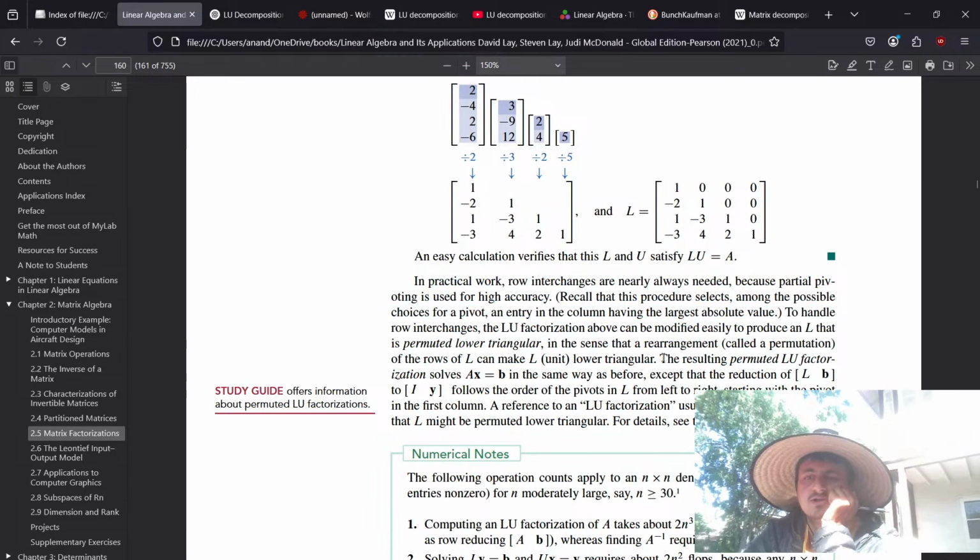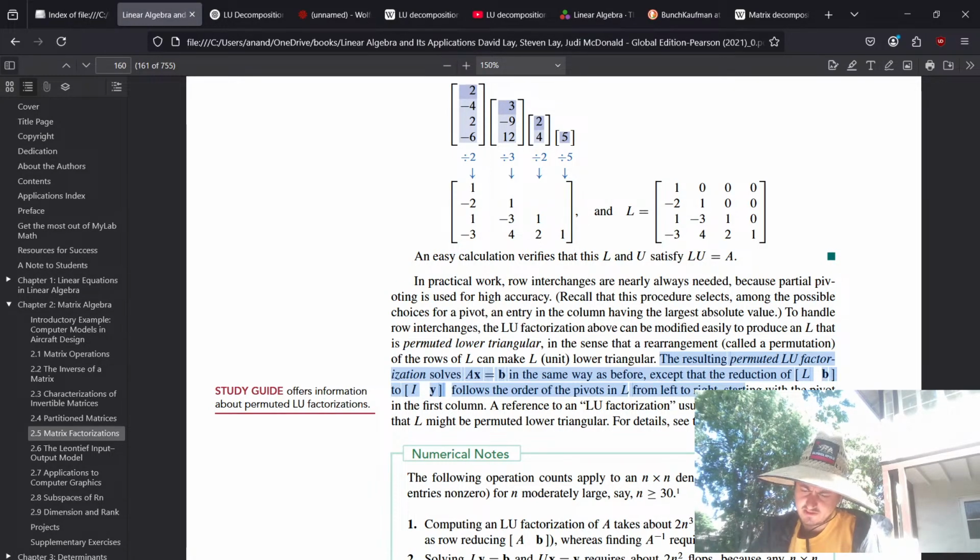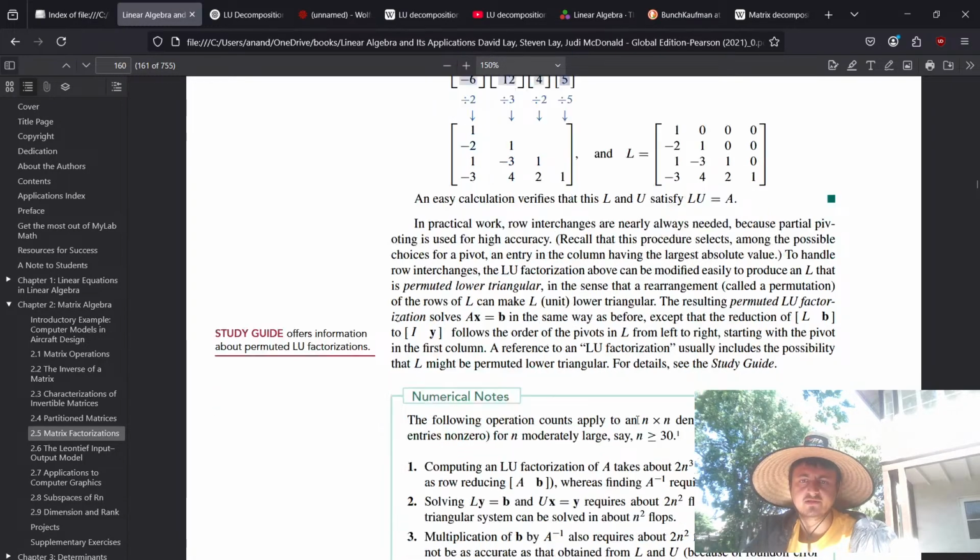The resulting permuted LU factorization solves Ax = b in the same way as before, except that the reduction of Lb to Iy follows the order of the pivots in L from left to right, starting with the pivot in the first column. I don't know what that means.